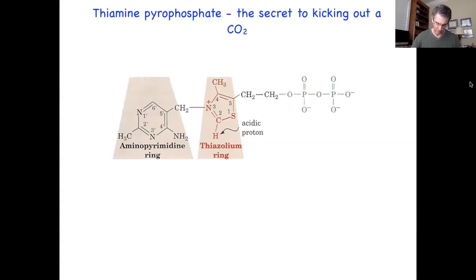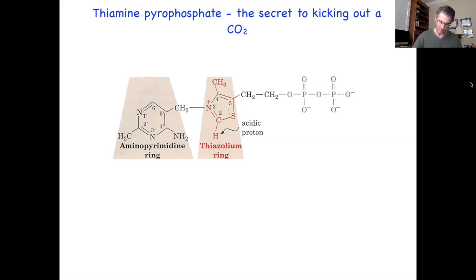All right. So there's this amino pyrimidine ring on one side of the molecule. On the other side of the molecule, it's got this sort of diphosphate, this phosphodiester, a couple of methylene groups. But the really key business end of this molecule is this thiazolium ring right here. And the reason this is really key is because that carbon right here between the nitrogen, that quaternary nitrogen, and that sulfur, that proton on that carbon is incredibly acidic compared to a normal carbon-hydrogen bond, right?